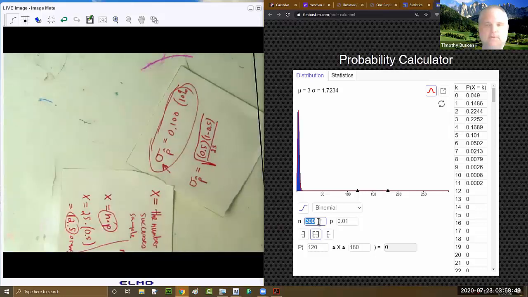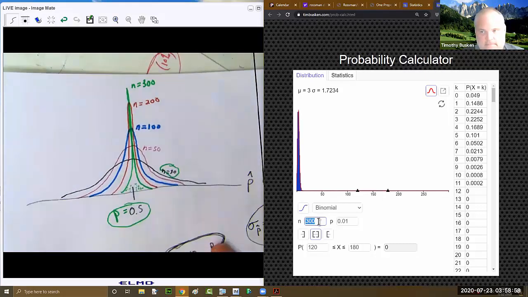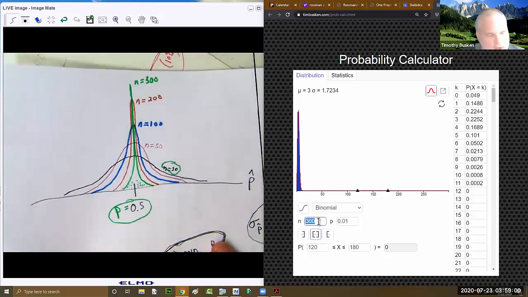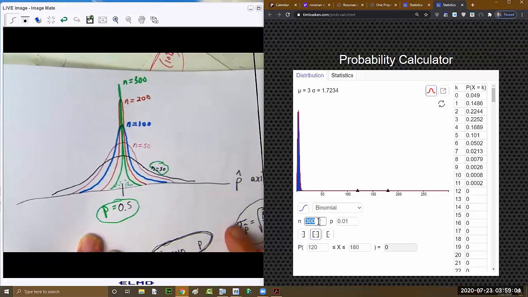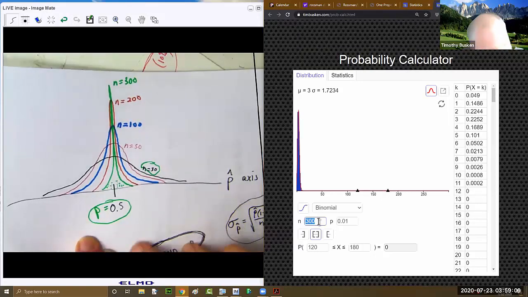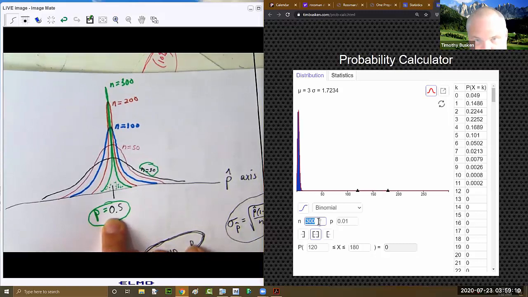I want you to notice something. Here's a sequence of graphs overlaid on the same set of axes. These are all graphs of the sampling distribution of p-hat. There's a p-hat axis, and all of these graphs are centered at 50%.